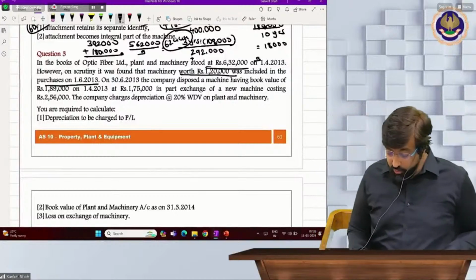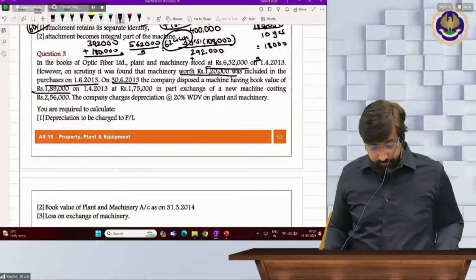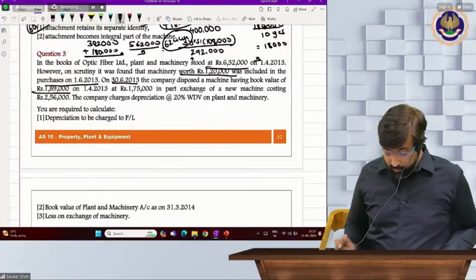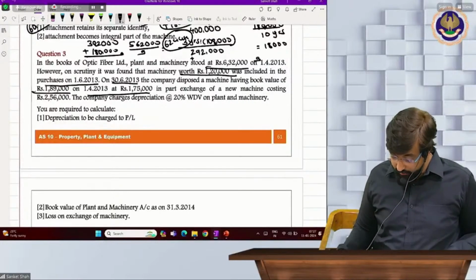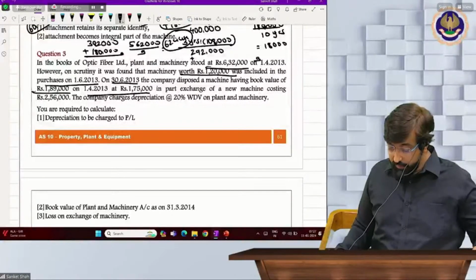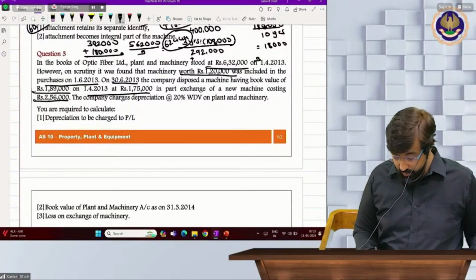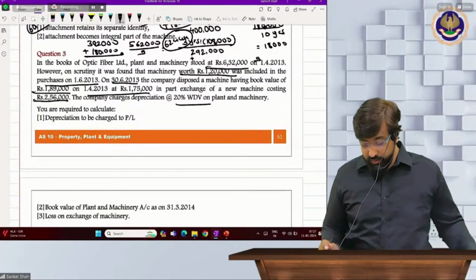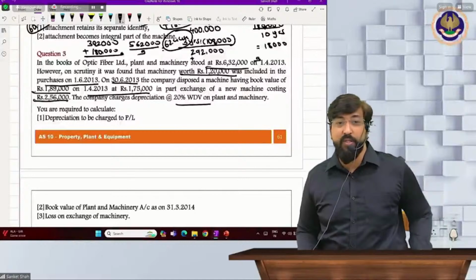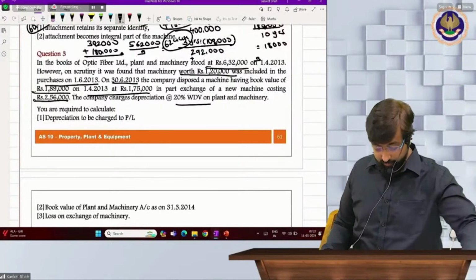On 30th June 2013, the company disposed a machine having book value of 1,89,000 on 1/4/2013 for 1,75,000 in part exchange of a new machine costing rupees 2,56,000. The company charges 20% depreciation on plant and machinery. Tell me the amount of depreciation.